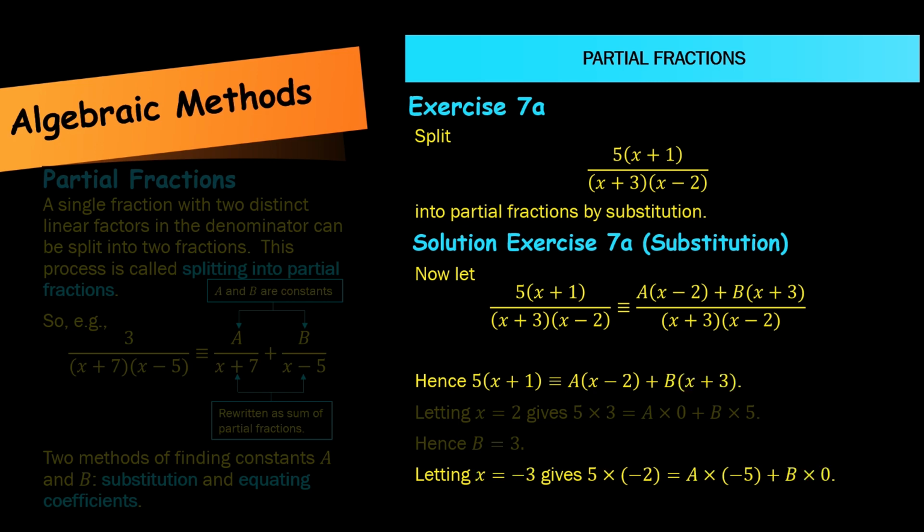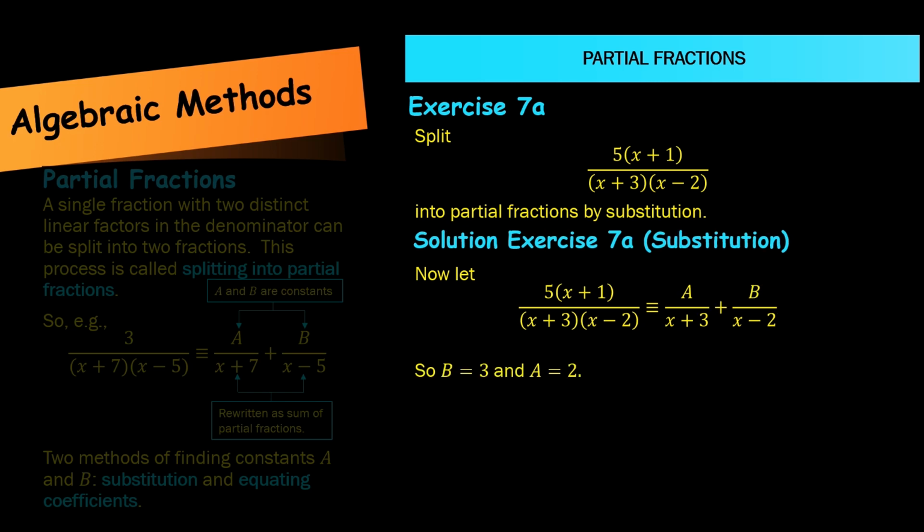And so tidying up gives us that a equals 2. So we've found the values of a and b. And we can express our fraction as 2 over x plus 3 plus 3 over x minus 2. And now for part B.